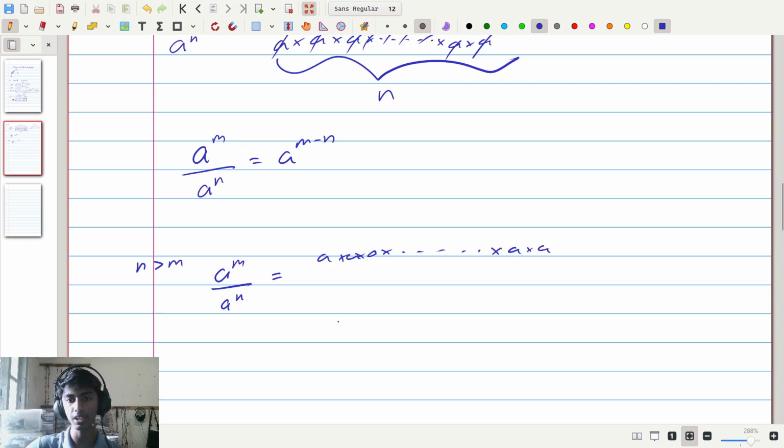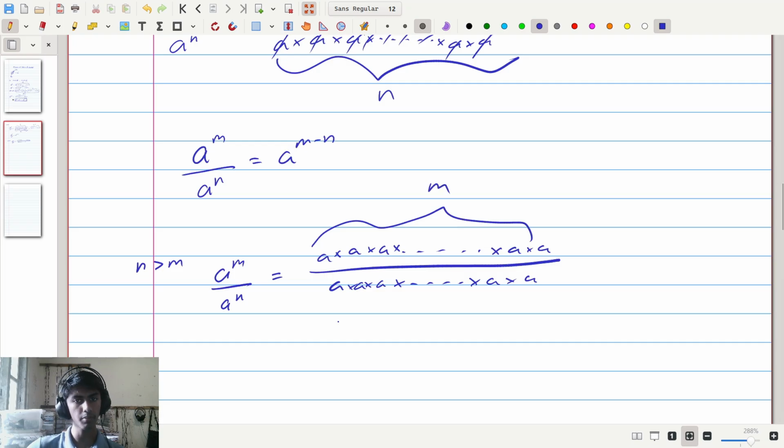This became a little ugly because my pen slipped, so I'll erase that and write it again. A times a dot dot dot whole thing divided by a times a bunch of a's times a times a. On the numerator we have m number of a's, on the denominator we have n number of a's.